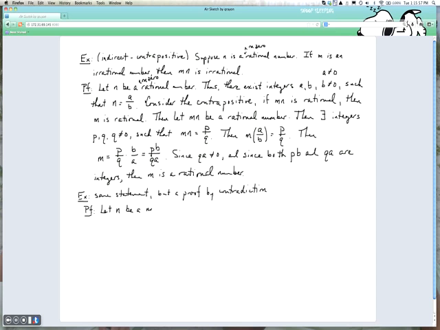Let N be a non-zero rational, and there exist A, B, B not equal to 0, so that N equals A over B. Okay, which is what we said up top.